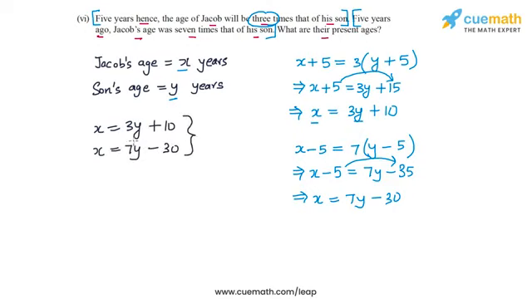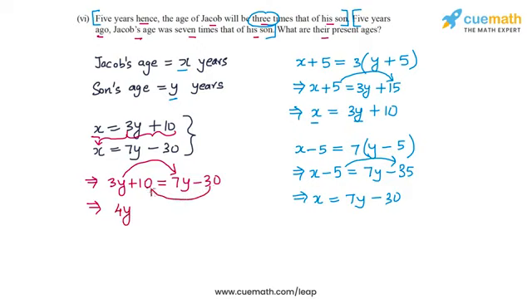Now we can solve them using substitution and find the values of x and y. So from the first equation, x is equal to 3y plus 10. So let me substitute this into the second equation. So from the second equation I get x, or 3y plus 10, is equal to 7y minus 30. So I can take this 3y on the right side and that becomes 7y minus 3y, or 4y, and this minus 30 on this side with 10, so that becomes 40.